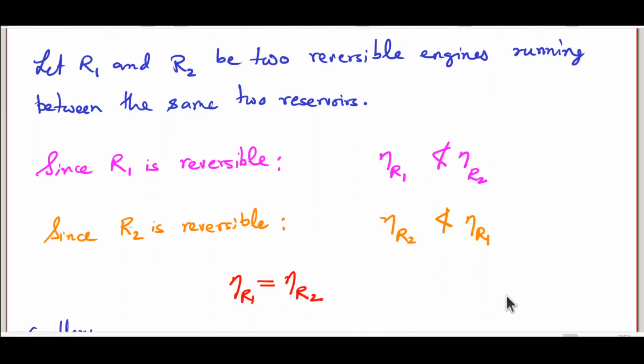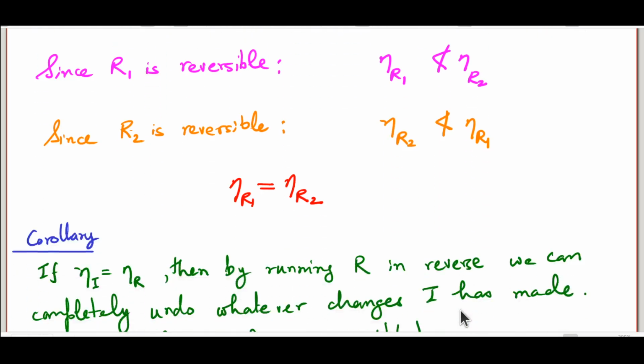On the other hand, R2 is also reversible. It can also be run in reverse with R1 in the forward direction. And that will immediately convince you that eta R2 cannot be more than eta R1. It has to be less than or equal to eta R1. And therefore, the only possibility is that eta R1 has to be equal to eta R2. That was Carnot's second theorem.